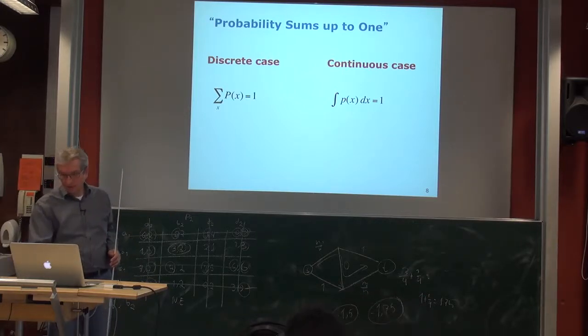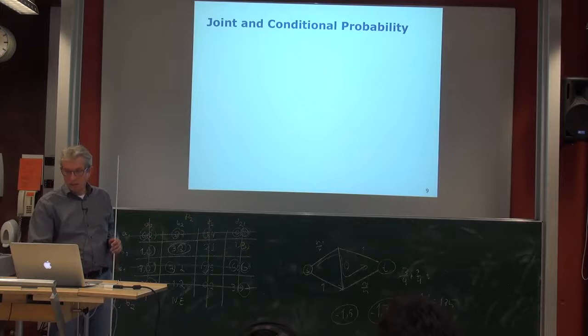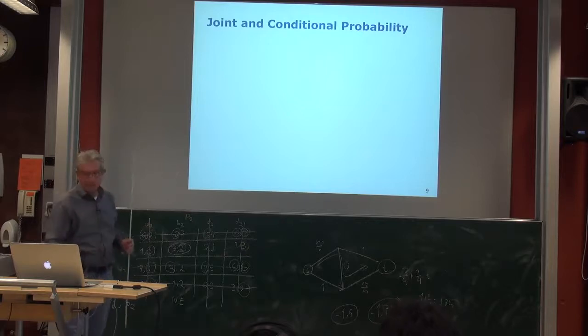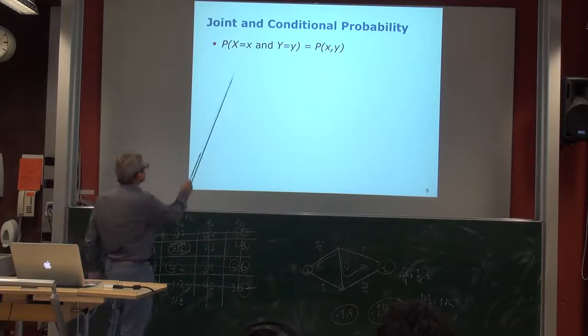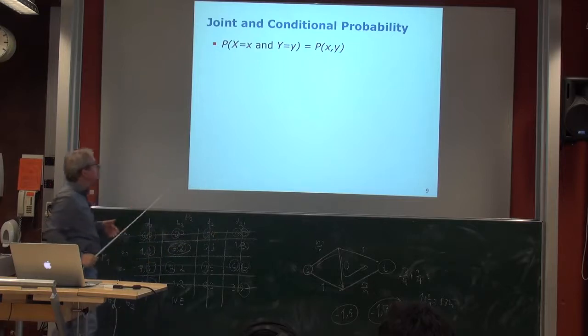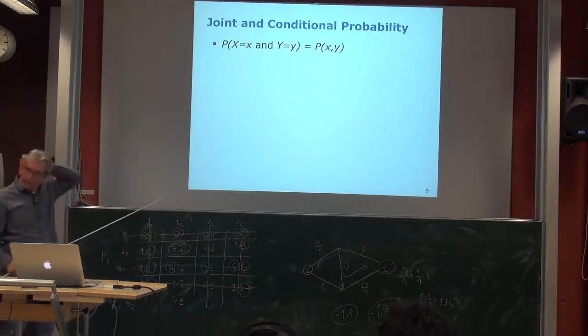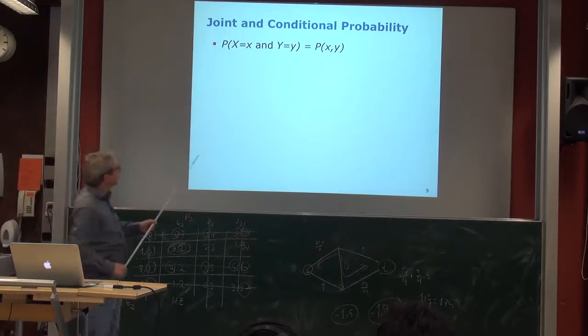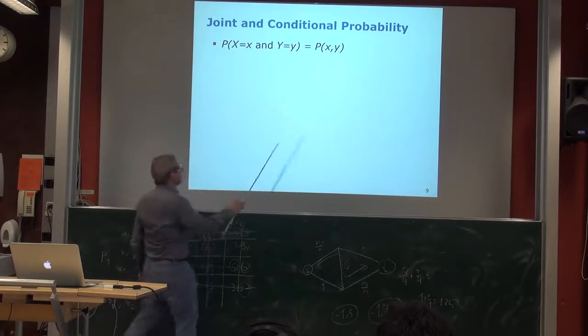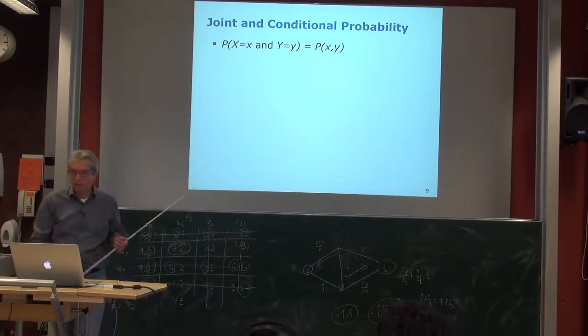Then there are so-called joint probabilities, like the conjunction that we saw before. For multi-valued variables, this would be something like p of x equals x and y equals small y. We typically write this down as p of x comma y, meaning p of x and y.